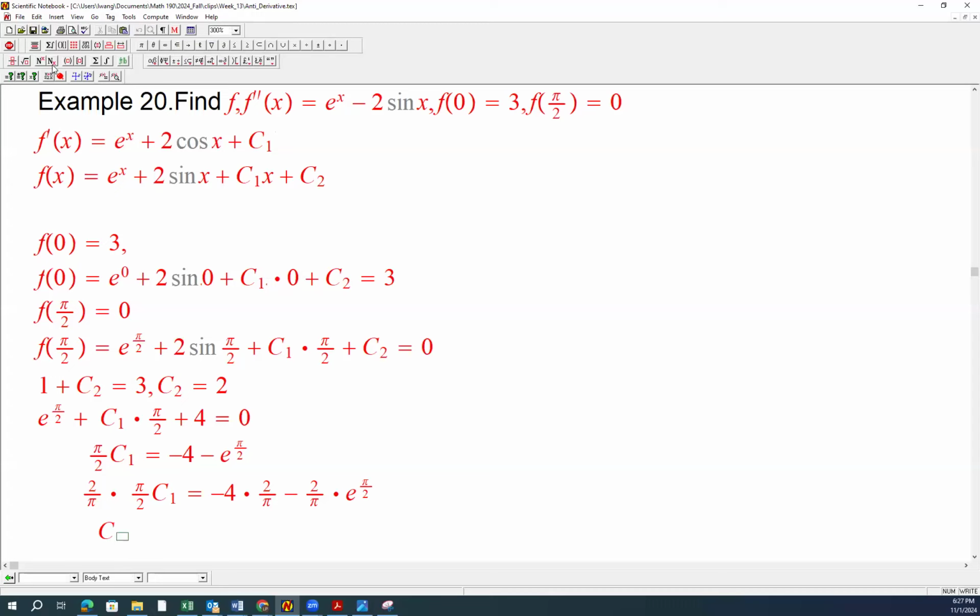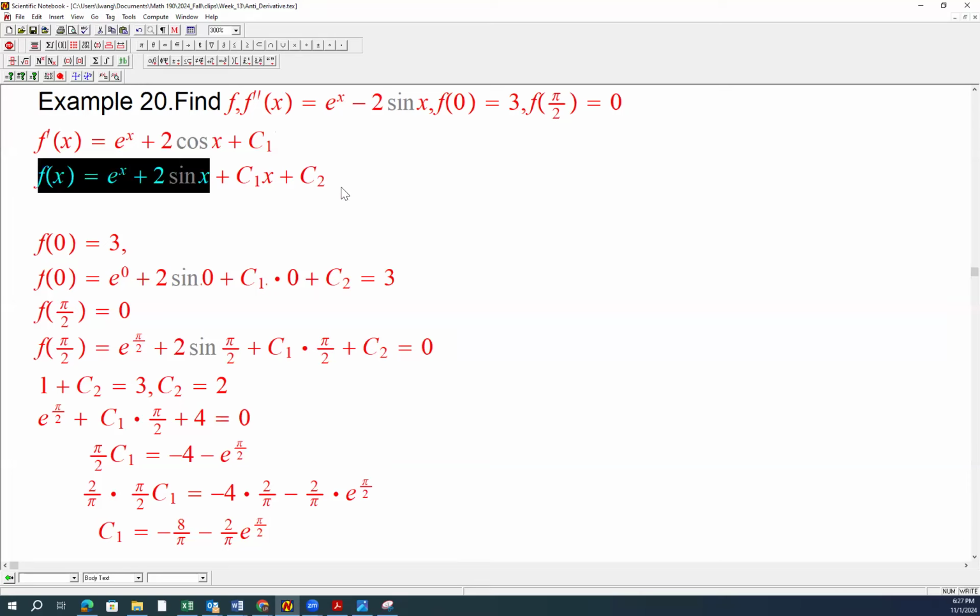C sub 1 is isolated, and that's going to be negative 8 over pi, minus 2 over pi times e to the power pi over 2. So that's C1.